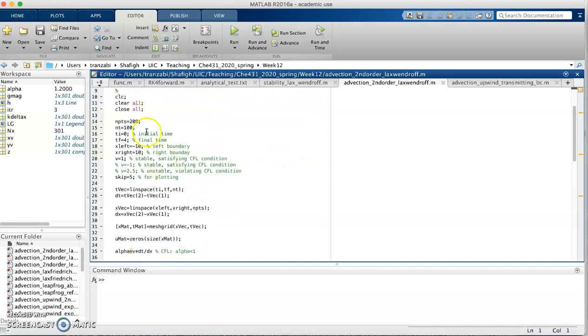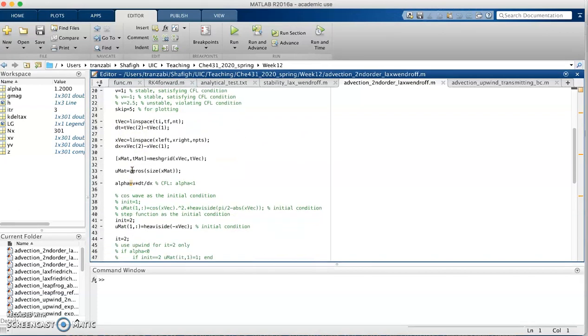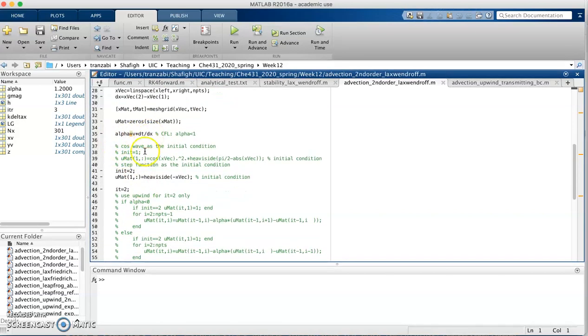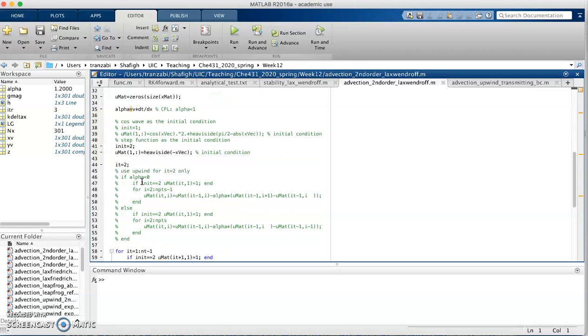So initially we set up the variables as before. We're not going to go over them, we're going to skip over them. Alright, so then we create a t vector, x vector, we create a mesh grid, which is our space-time coordinate. We set alpha, and then we initialize.